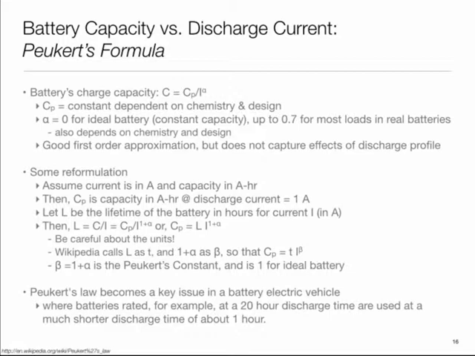In the case of batteries used in electric vehicles, this rate capacity effect becomes an important aspect, because there is significant variation in the current that you draw, and that can affect things quite significantly.